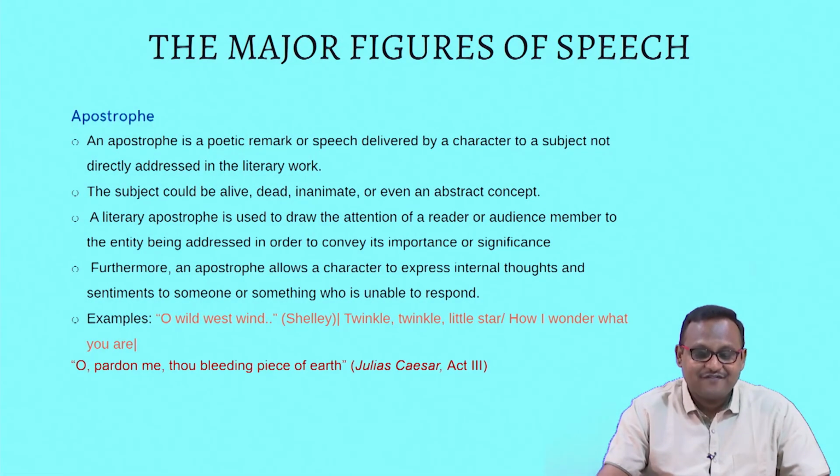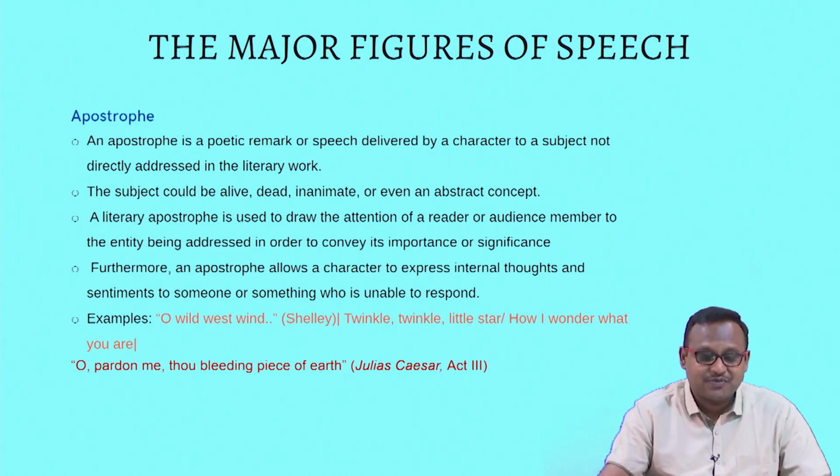And we have apostrophe. Apostrophe is again a figure of speech, may not be used as extensively as a metaphor or a personification. Nevertheless, it is an important figure of speech.